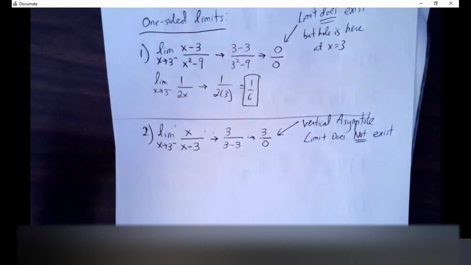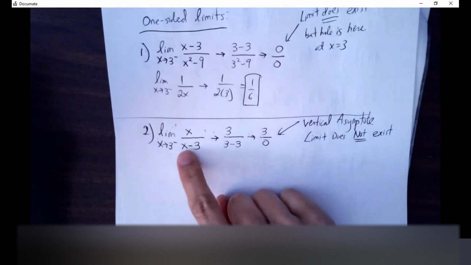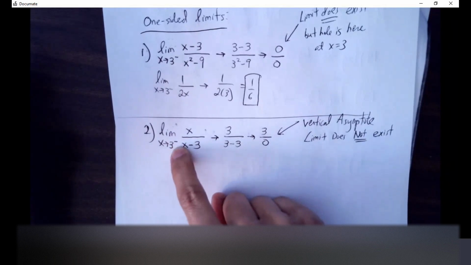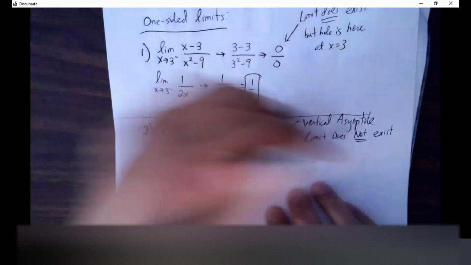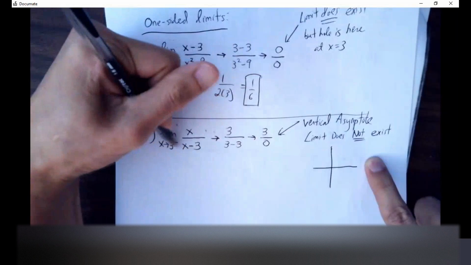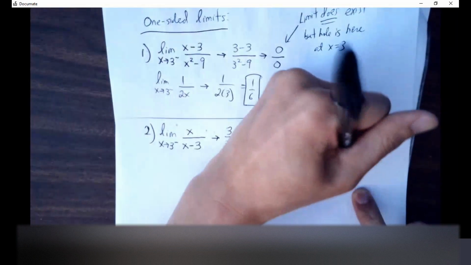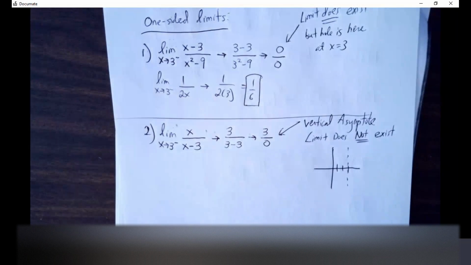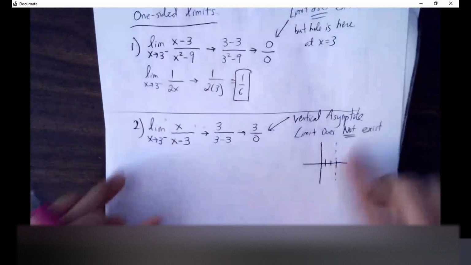But we can't just say the limit doesn't exist, because now we go back to our problem and we realize, oh, it's not asking about the full limit. It's only asking about the behavior from the left side of 3. So that means we know there's a vertical asymptote at 3 because of this scenario. But this problem is more concerned with what's happening with the asymptote.